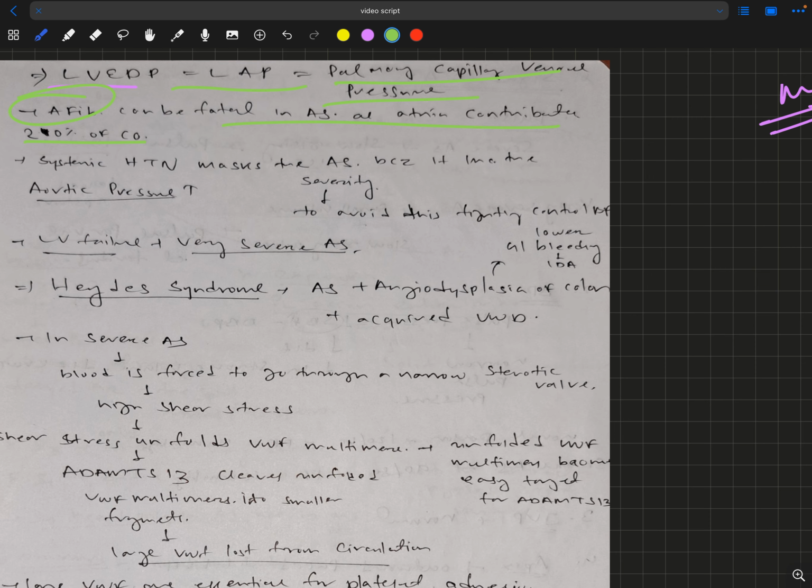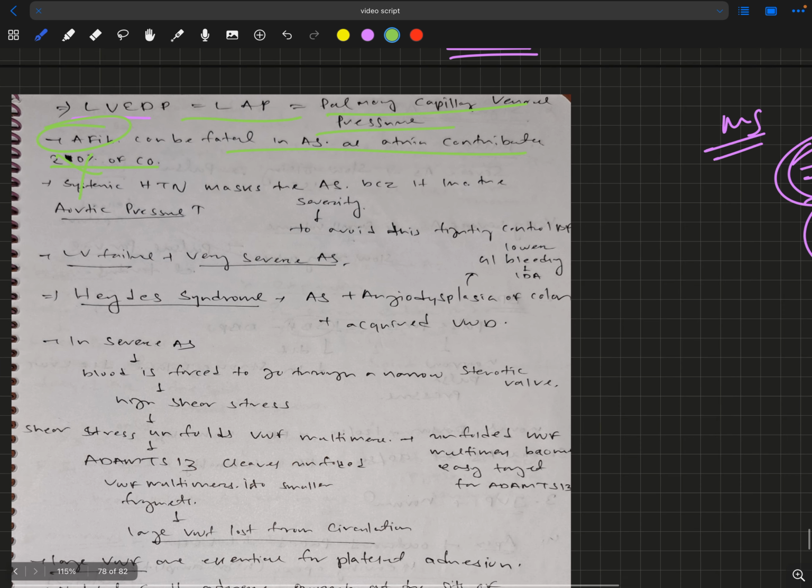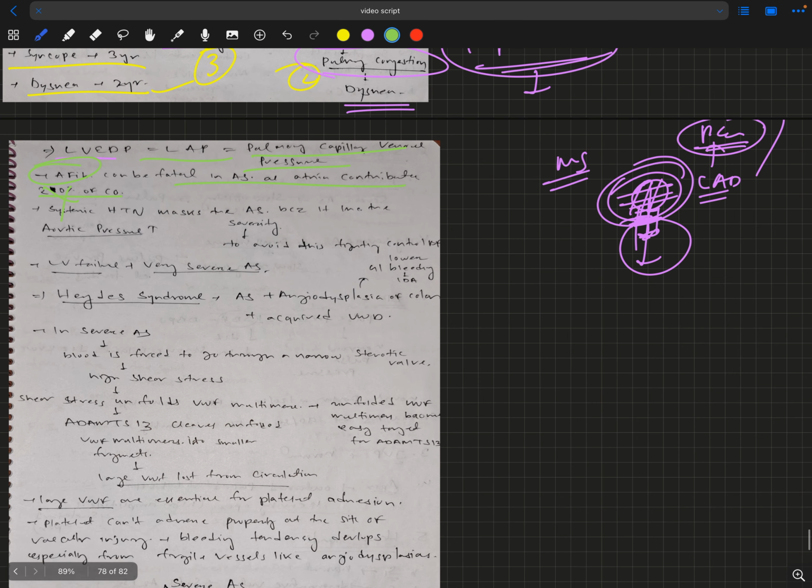Already the cardiac output is reduced, and now the atria are fibrillating, so this 20% is not coming. So AF can be fatal in AS because the atria contribute 20% of cardiac output. If the atria don't contribute, there will be a further decrease in total cardiac output.